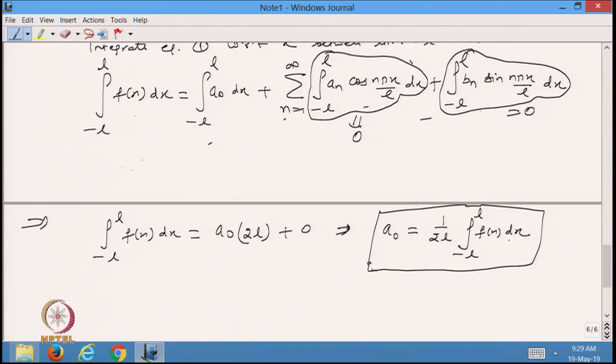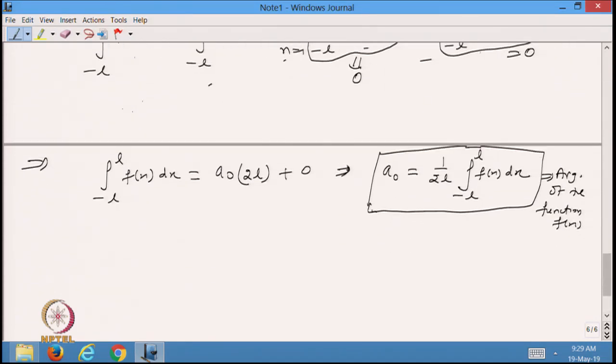If you see it clearly, what I am doing is taking the function and integrating it from minus L to L, and you know that the integration gives you the area. So, this is the integration area divided by the length. So, I can say that this is the average of the function f(x) over the interval minus L to L. It gives the average value of the function, because the summation becomes the integration in the form of the function.